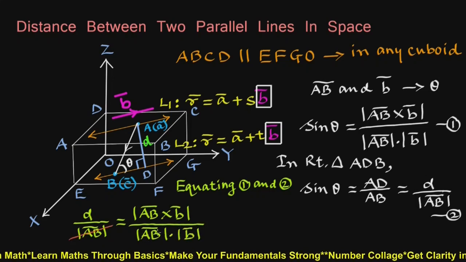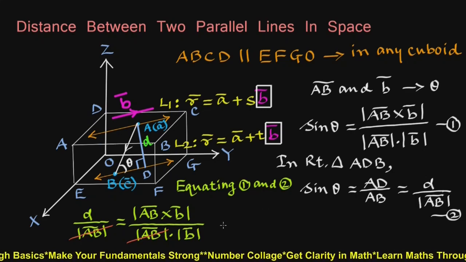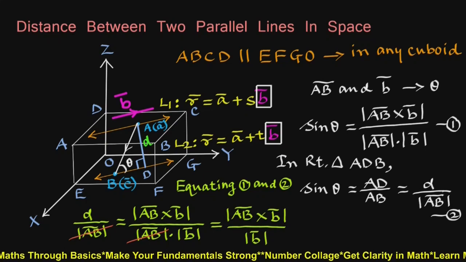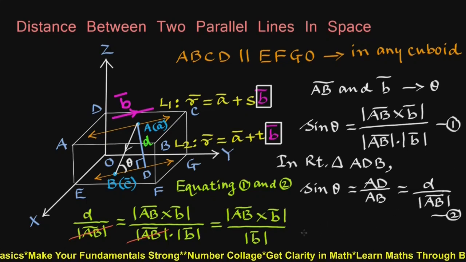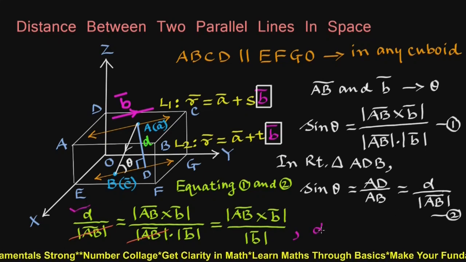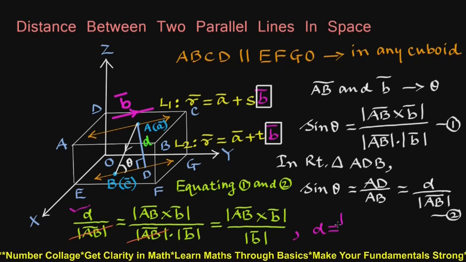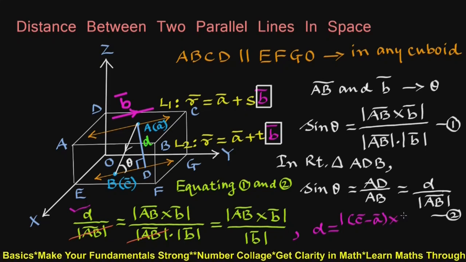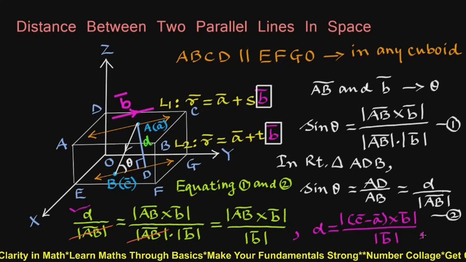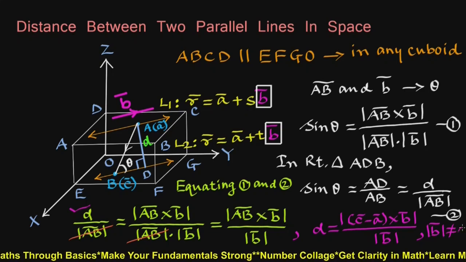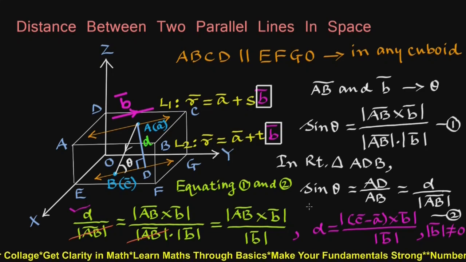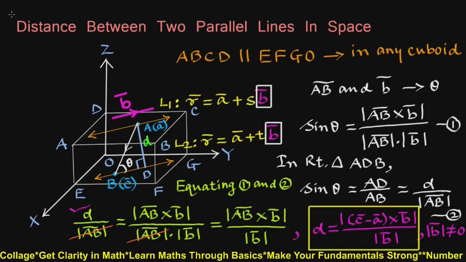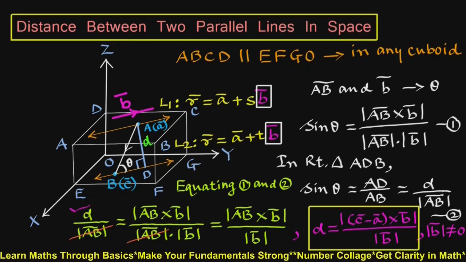Cancelling mod AB bar from both sides, this will be mod AB bar cross b bar upon mod b bar. So finally we get this length of perpendicular D equals mod, writing AB bar as c bar minus a bar, cross b bar upon mod b bar. Obviously mod b bar is non-zero. So this relationship gives us distance between two parallel lines in space.